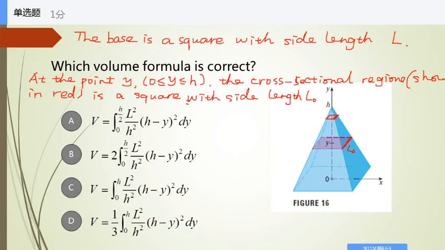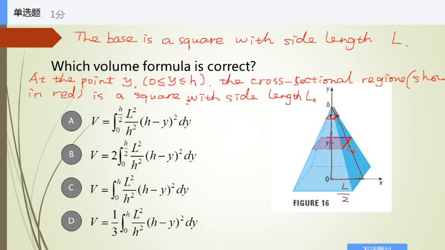Now let's look at a triangle in this way. This height is h, and this length will be half of the side length, which is half L, right? Since it's a right triangle, it's easy to work out this side.